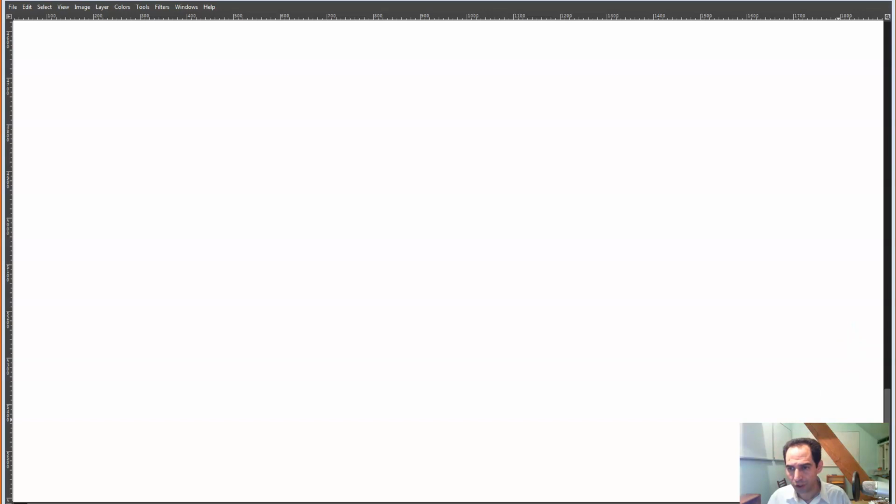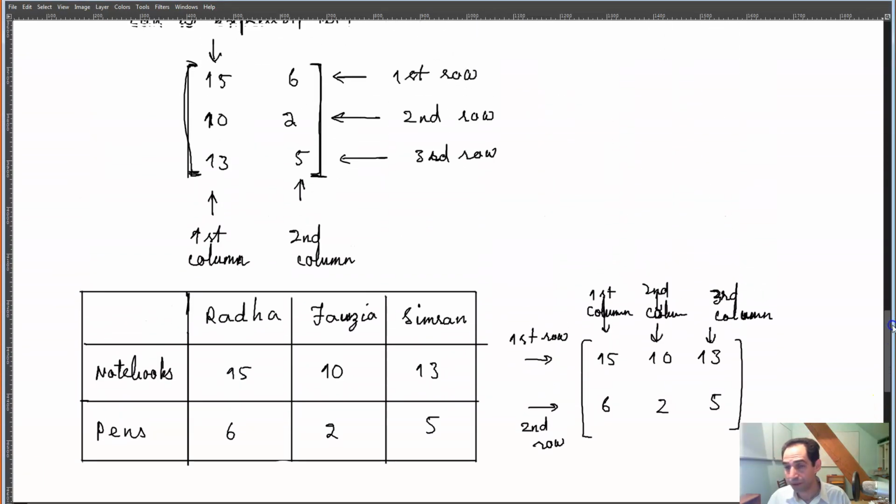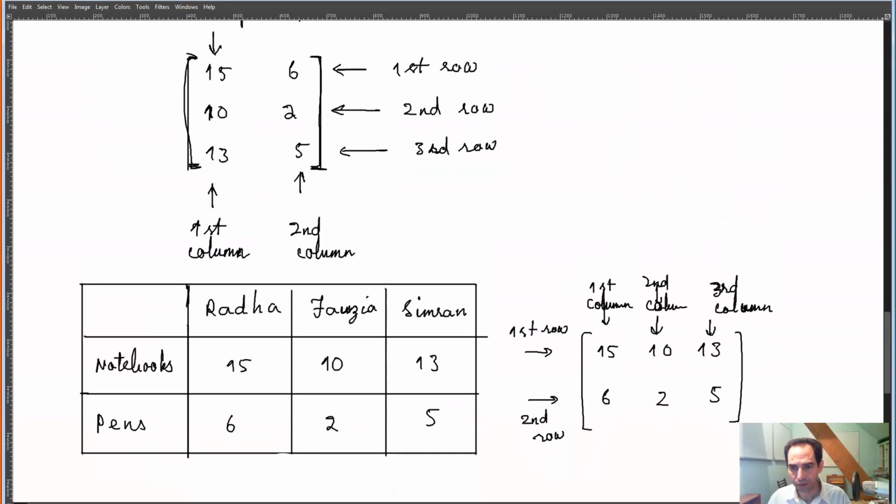Now, by definition, some arrangement like this, or some arrangement of this kind, of course this is no good definition, but some arrangement of this kind is called a matrix.